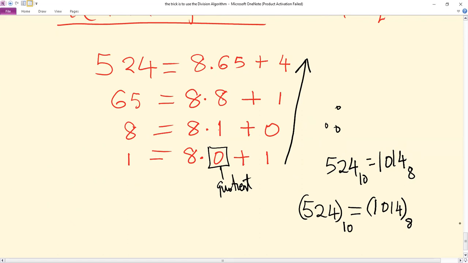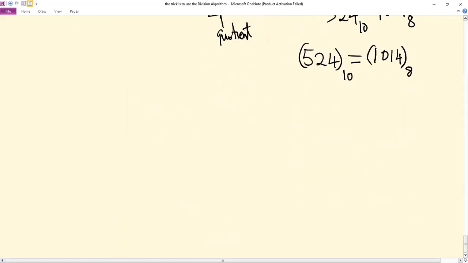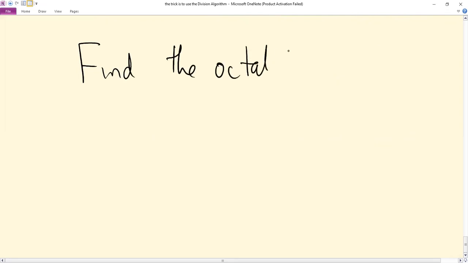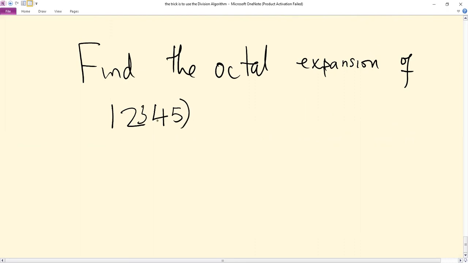Another example, example 2. Find the octal expansion of the number 12345, which is in base 10.